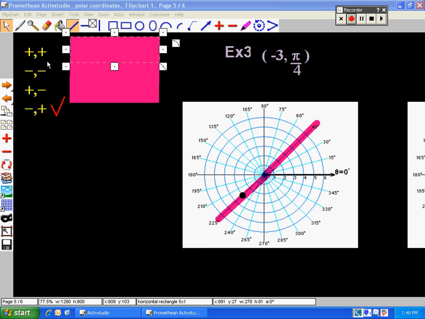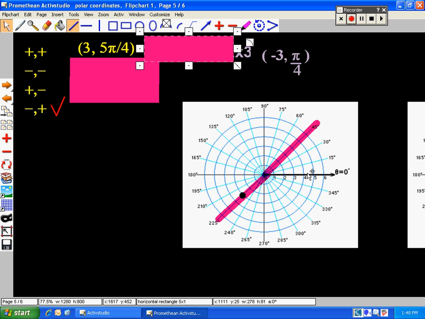So to find the positive, we need to start at 0, get to the point, going in the positive direction. So I'm going to go this way. I know my reference angle is pi over 4. So what pi over 4 would this be? Once I know what pi over 4 this is, I count out positive 3 radii to get there. So my positive would be 5 pi over 4, which is right here, 1 more than 4 over 4, which is 5 pi over 4, and count out a positive 3.